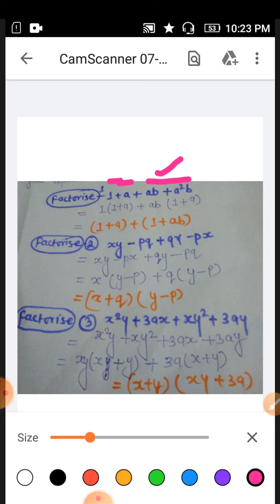In ab plus a square b we can take the common factor, that is ab. So ab is removed from the factors, and we will be left with 1 plus a.